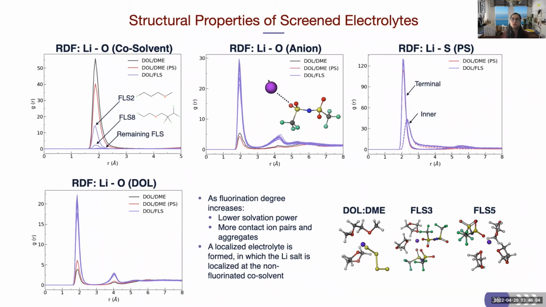So in fluorinated solvents, we have stronger cation-anion interaction, and this results in formation of some contact ion pairs and aggregates in the solution. So we are compromising on the solubility of the salt. And we also observe these localized electrolytes where the salt is basically surrounded by non-fluorinated solvents.